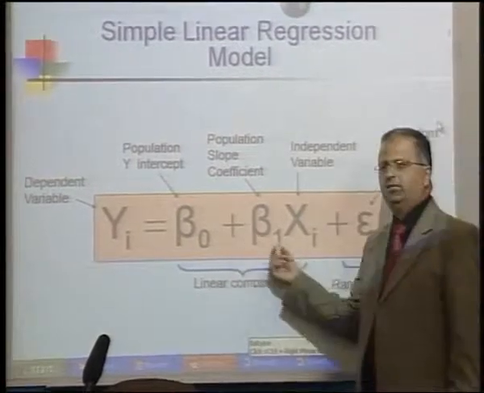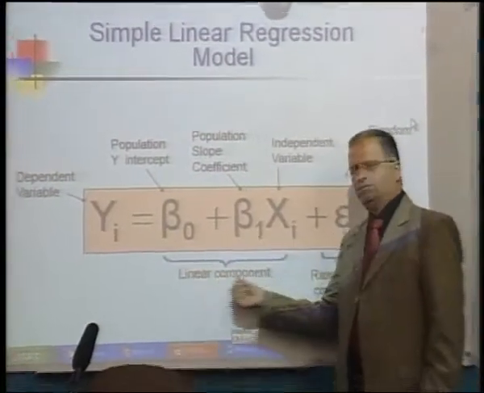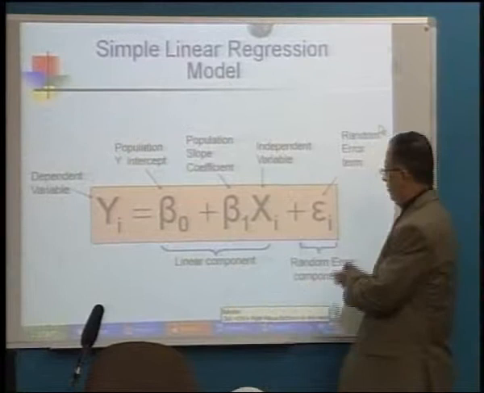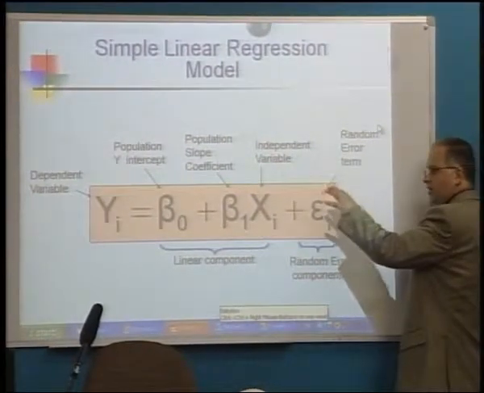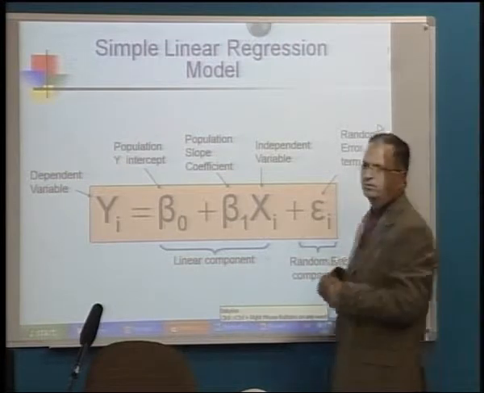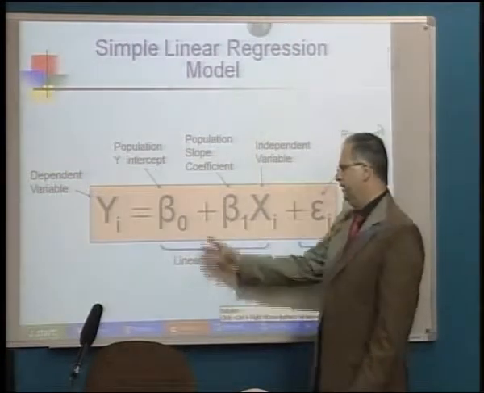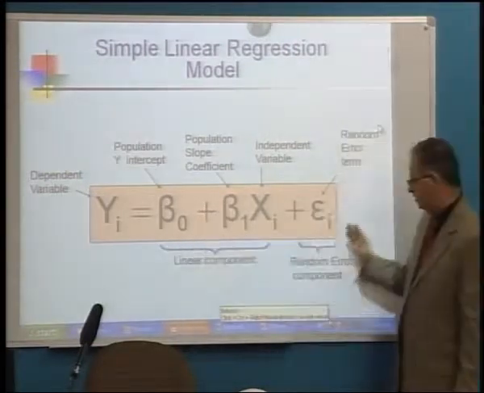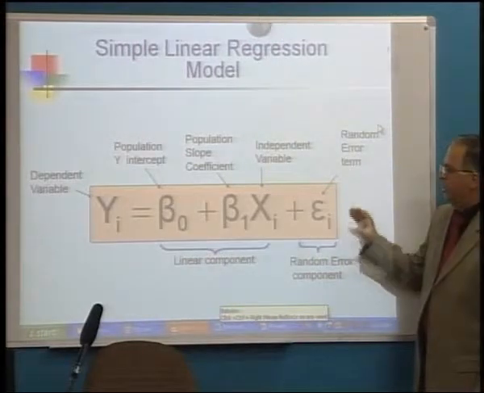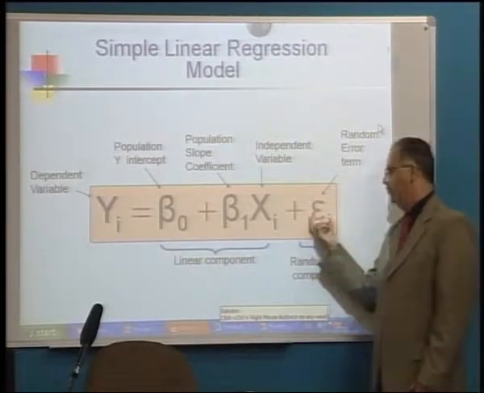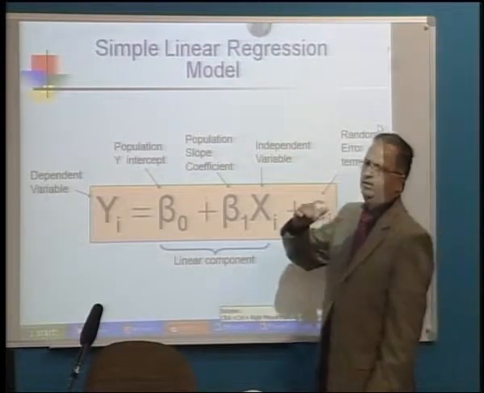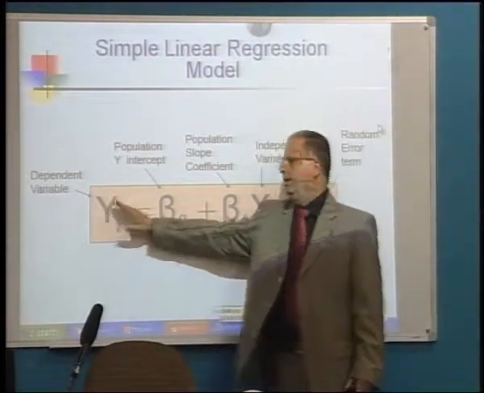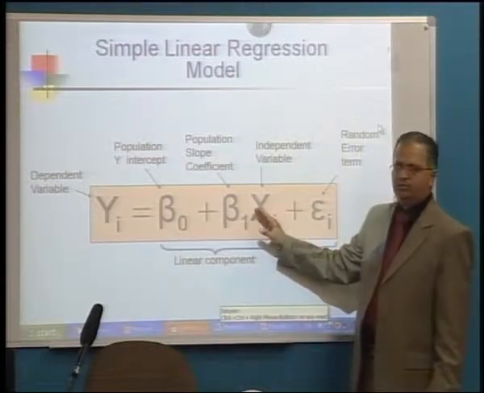And beta 0 plus beta 1 x is called the linear component, while epsilon i is the random error component. So the regression equation mainly has two components. One is linear and the other is random. In general, the expected value for this error term is 0. So for the predicted equation, later we'll see that y hat equals b0 plus b1 x.